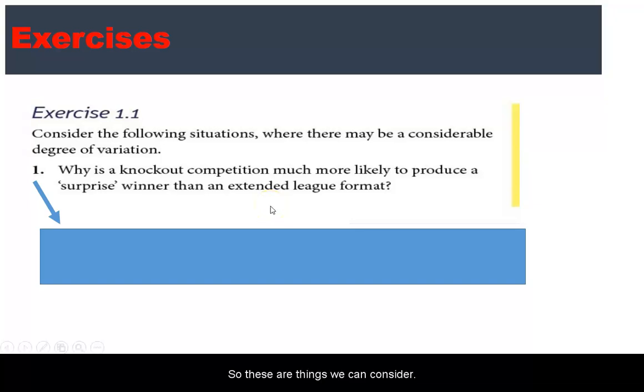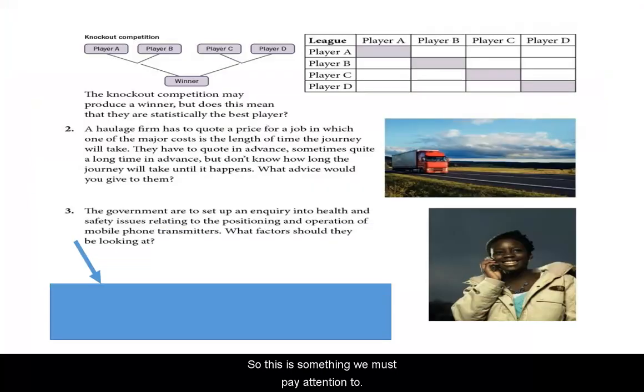So these are things we can consider. We can say that they lack form at a particular point, or a team is playing above their normal standard. If a team who plays well plays below their normal standard, there is a likelihood that they will be beaten. So this is something we must pay attention to.